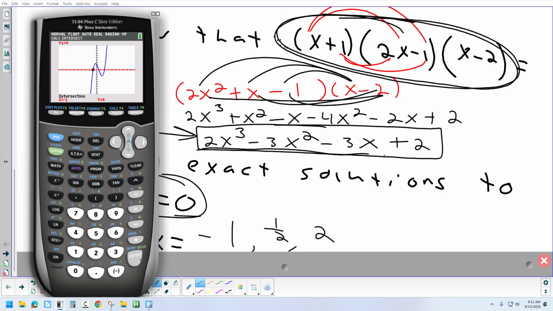The way I did it with you is instead of having to draw this second line, I was able to calculate where it crossed the axis using second calc option 2. Option 2 is a way to figure out where it crosses the x-axis without actually having to draw a line on the x-axis.